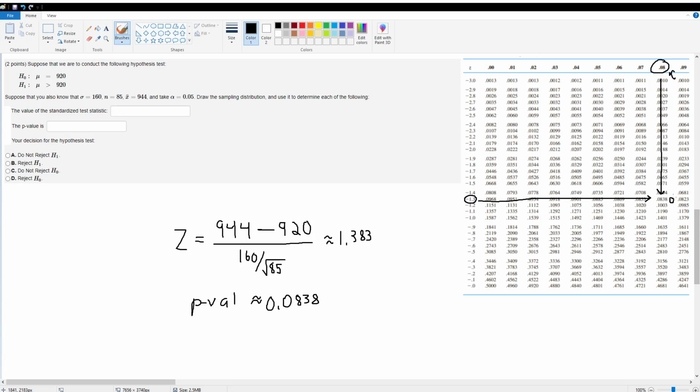In that case, your answer would be off by a little less than 0.001. WebWork will have a rounding tolerance for every single p-value of 0.001, meaning if you get a z-score that goes out to the third decimal place or further, you can simply round it to the second decimal place, as we did here, in order to get the closest p-value.